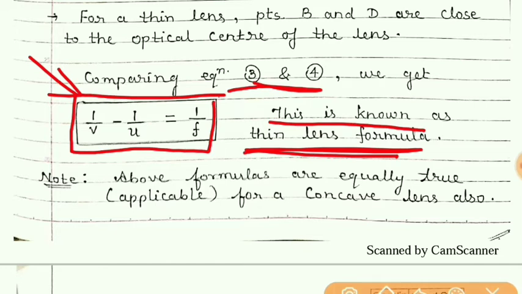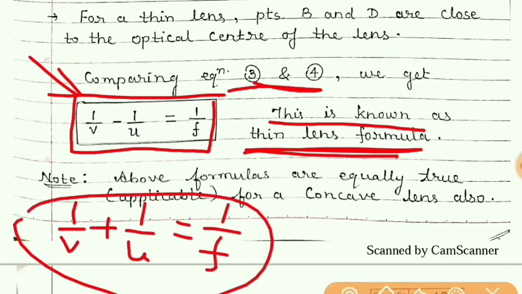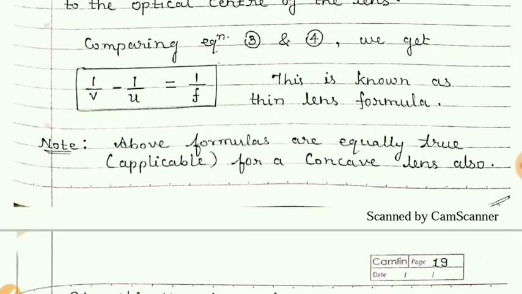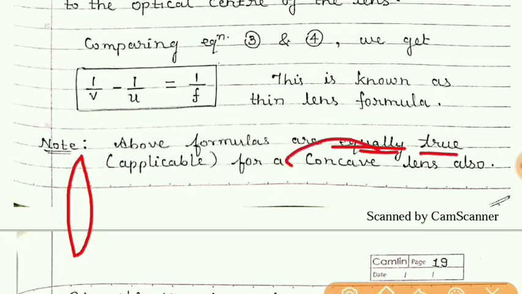Students, do you remember the mirror formula? In the mirror formula it is 1 upon v plus 1 upon u is equal to 1 upon f. This is the mirror formula. And in the lens formula it is minus here. Now students, we have obtained this formula for the convex lens, but it is equally true for the concave lens also.